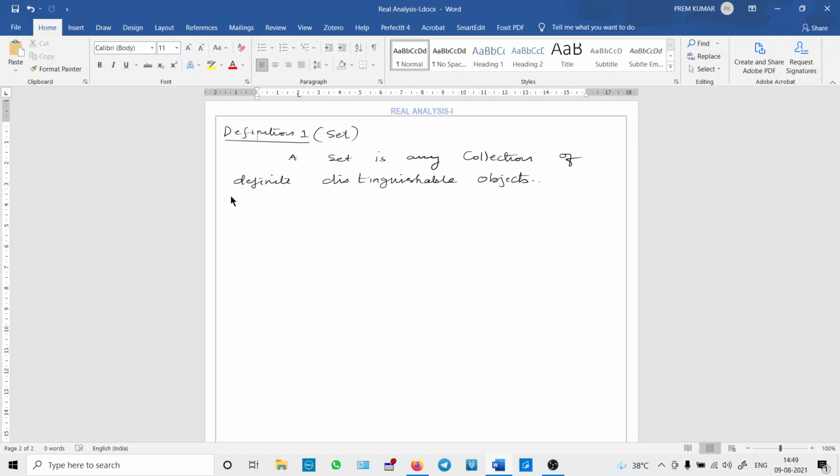And hereafter in our studies, a set is denoted by capital letters A, B, C, like this. Capital letters denote the sets, and small letters denote the elements of the set.